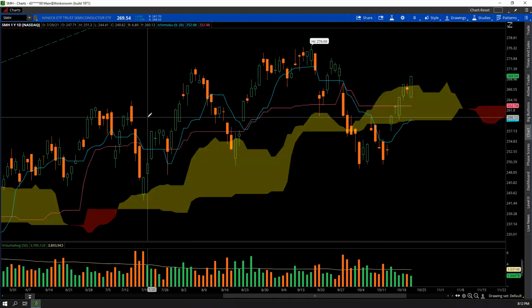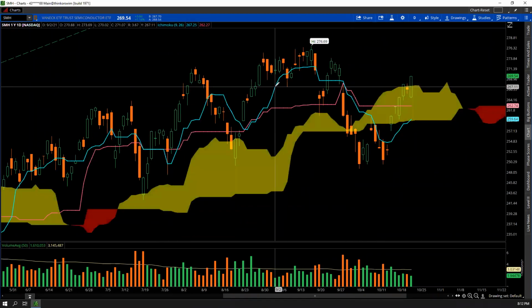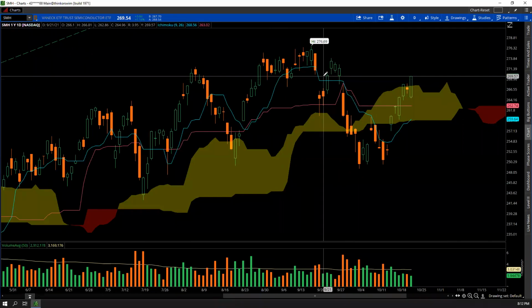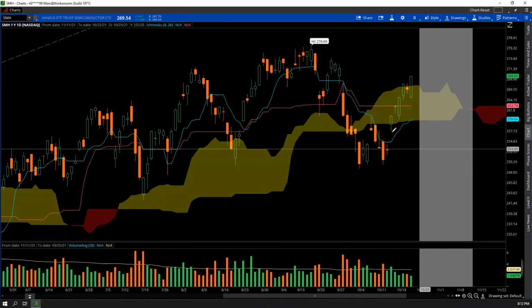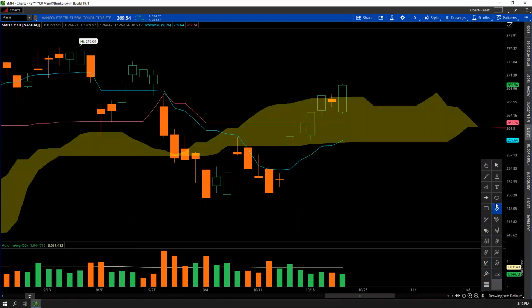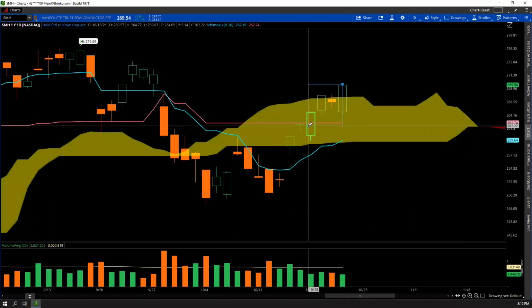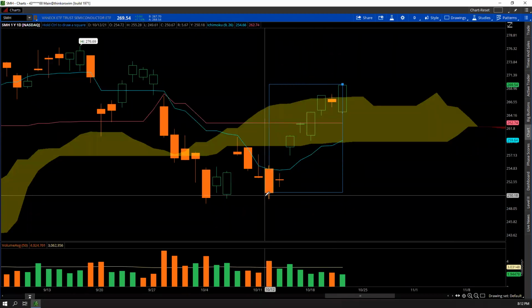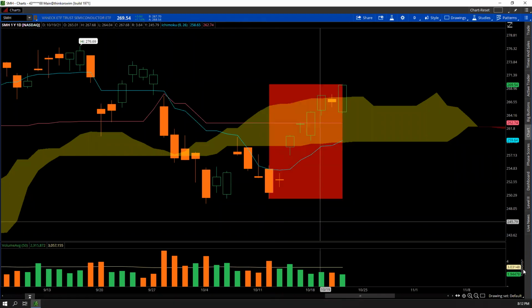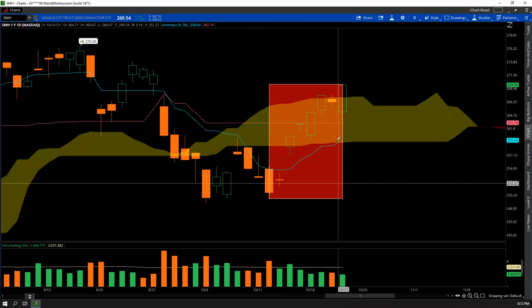What is happening here is that this 9-period average is the midpoint of the previous 9 days' range. For example, if I draw a rectangle over this period, 1, 2, 3, 4, 5, 6, 7, 8, 9, this is the range, and this average is the midpoint of this entire range.